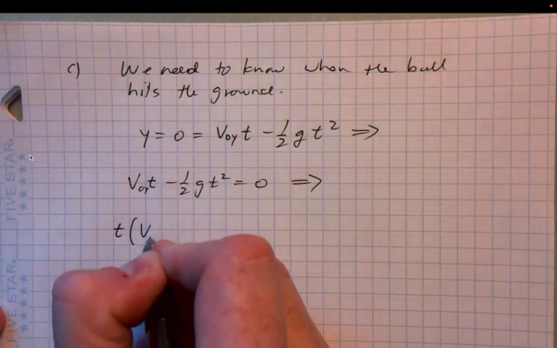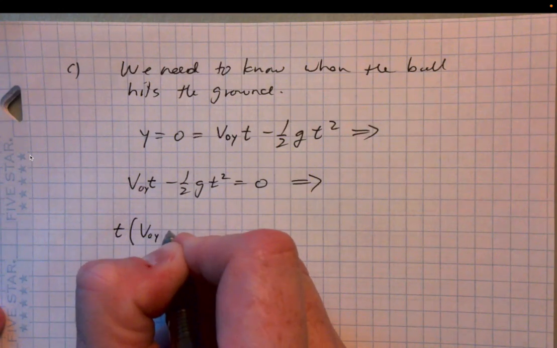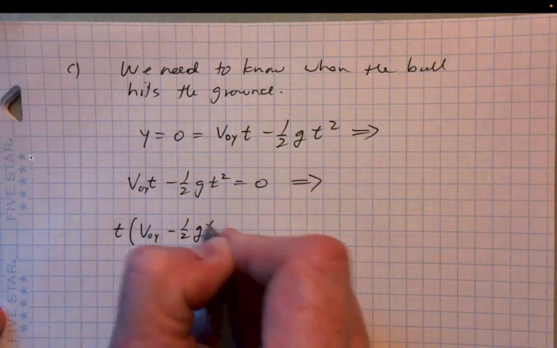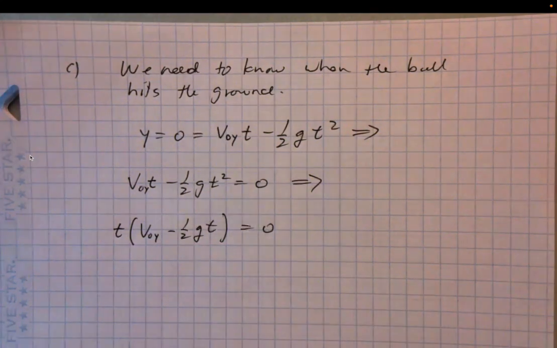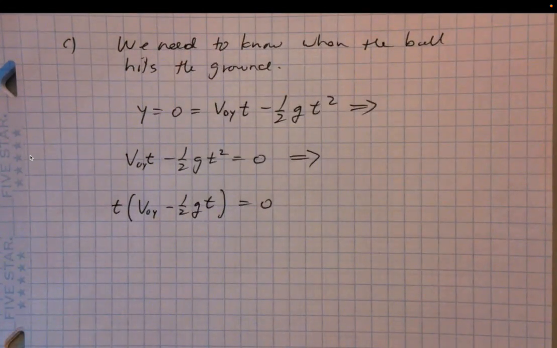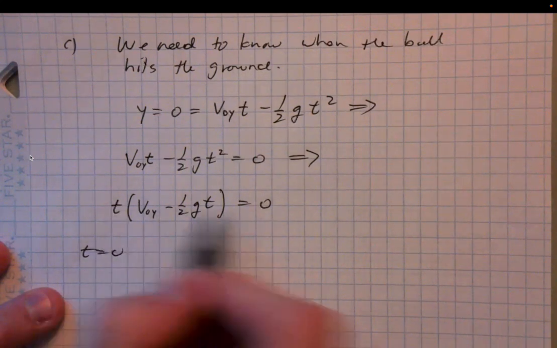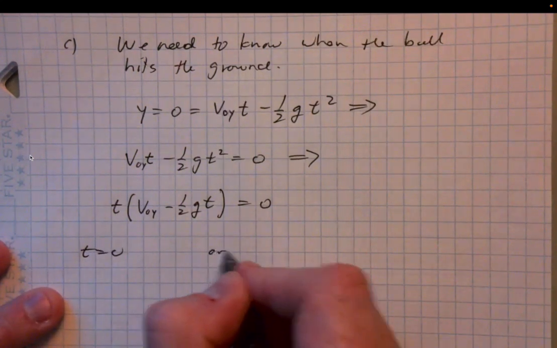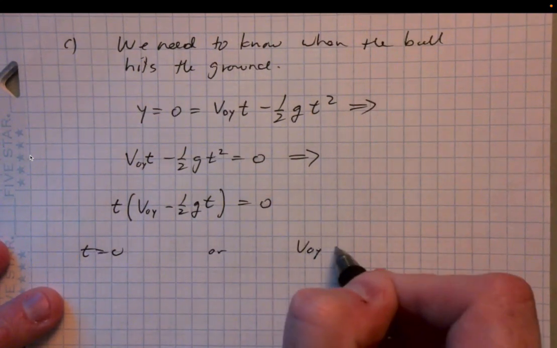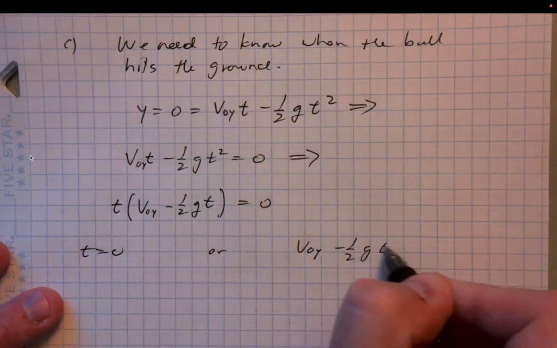If I factor out a t, I get t times v naught y minus 1/2 gt equals 0. Now, just from your algebra days, you'll recognize, oh, I've got two solutions. This is a quadratic. One of the solutions is t equals 0, and the other solution is v naught y minus 1/2 gt equals 0.